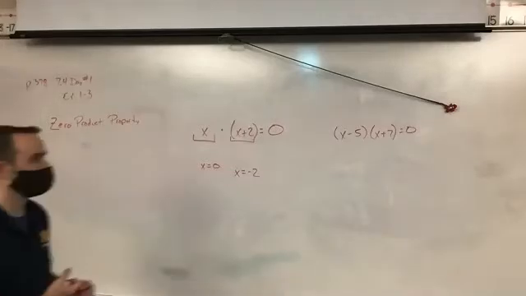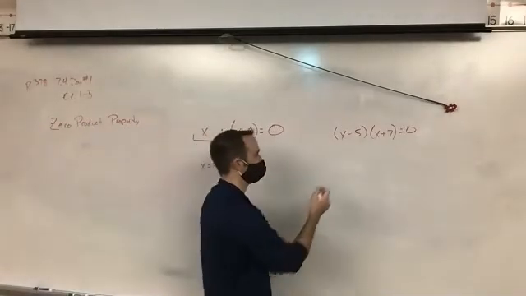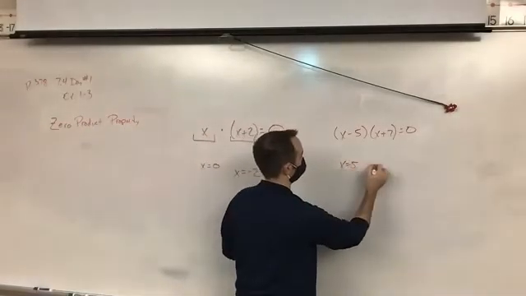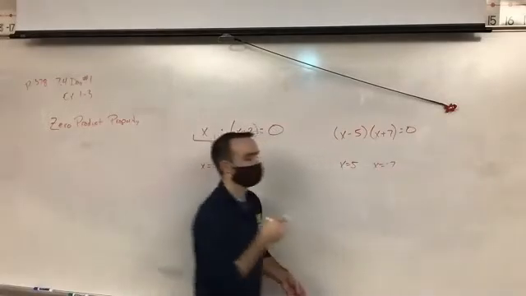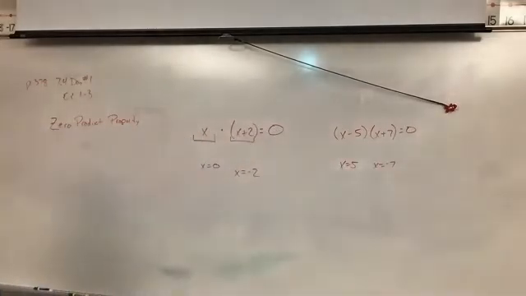What's x going to be? Levi? 5 and -7. 5 and -7, because either one of those is going to make it equal 0. Good. So for most of these, you just looked at it and you can kind of look and say, all right, this is the value that makes that equal 0.